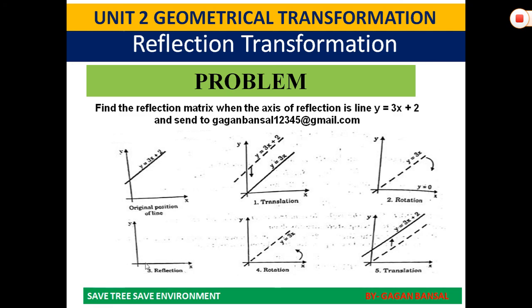Then perform the reflection about the x-axis, then rotate back in the anti-clockwise direction, and then translate back with positive 2 value in the y direction. Hope it is clear.